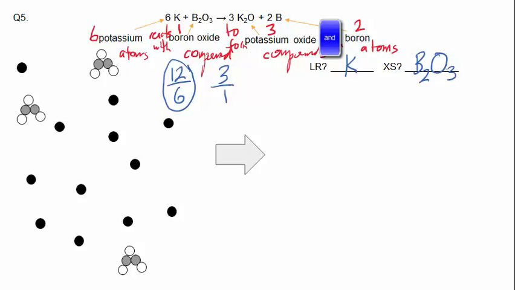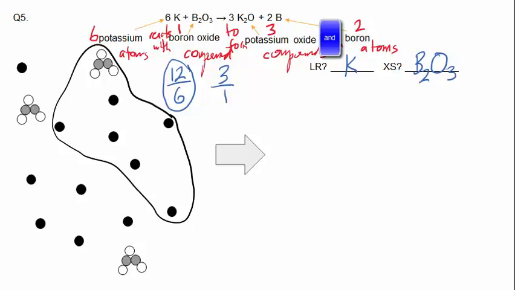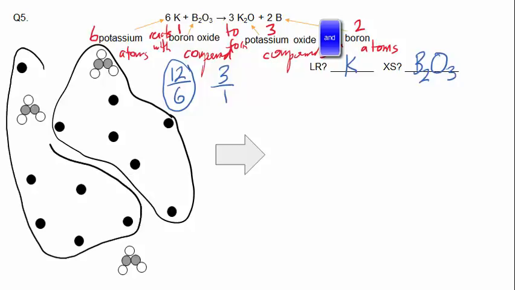So you can see that we have to circle. So we're going to circle 6 Ks, and we're going to circle 1 B2O3. And let's see if we can do that again. You can. So we're going to run the reaction twice, which means you're going to make 6 K2Os and 4 Bs.